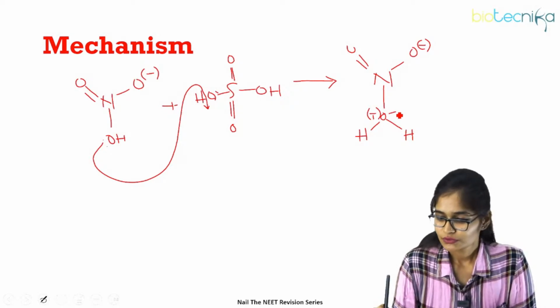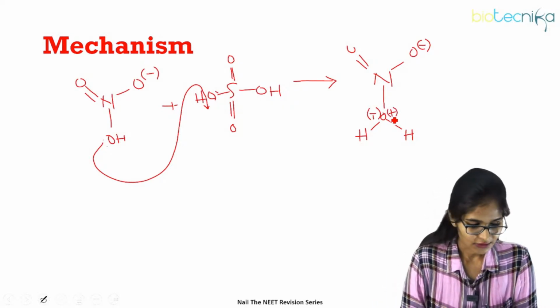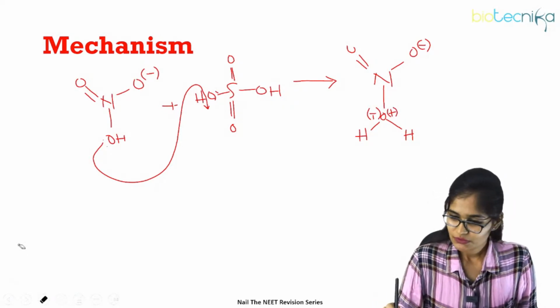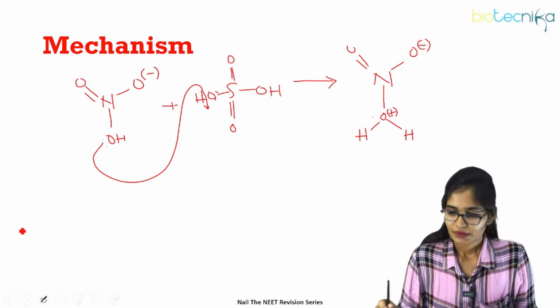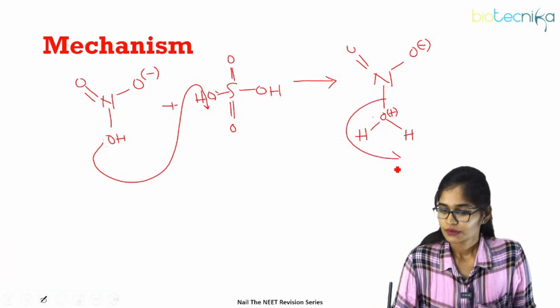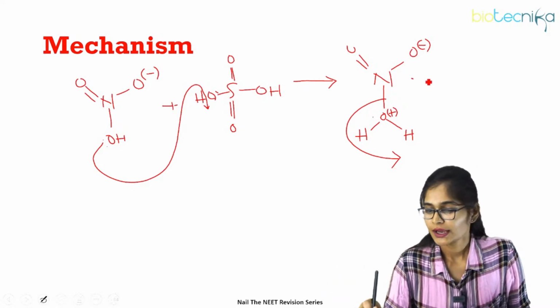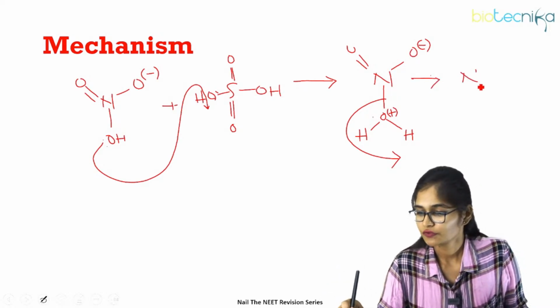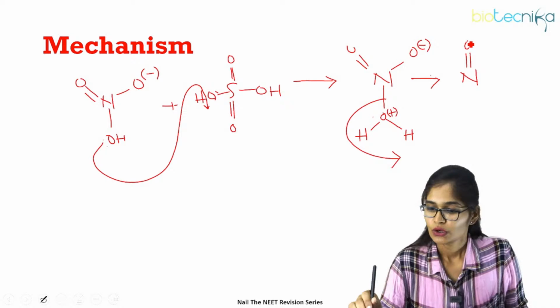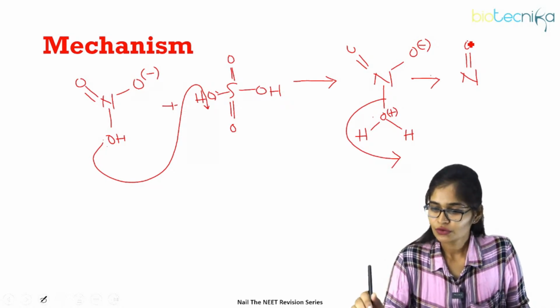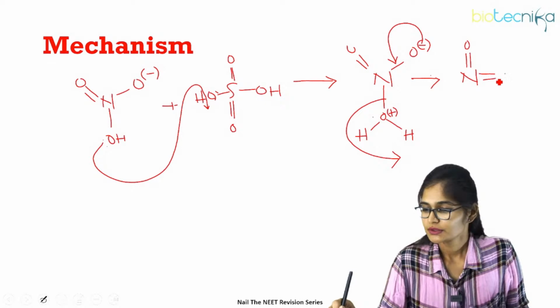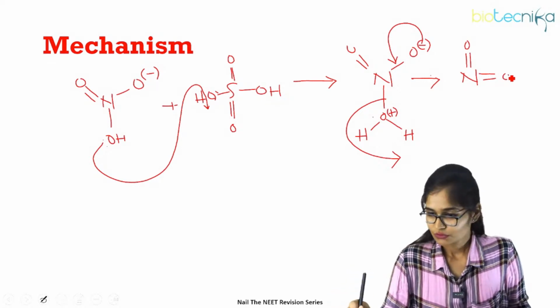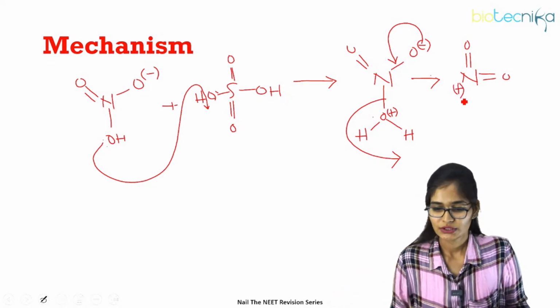Once it carries positive charge, it will try to go out as a water molecule, and you can generate your electrophile, that is NO2 plus. So now H2O has gone out, the electrons shift towards this bond, and you have NO2 plus, carrying positive charge.